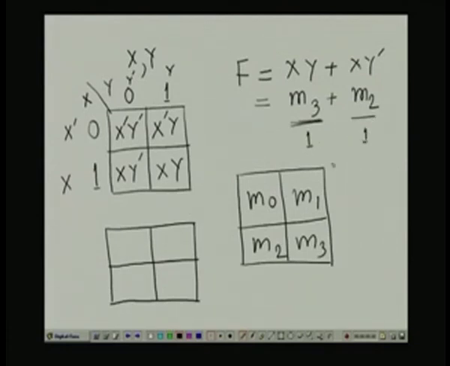So M3 and M2, the last two, will be 1 and the remaining portions will be 0 0. So this is the Karnaugh map representation of this function f equal to x y plus x y bar.